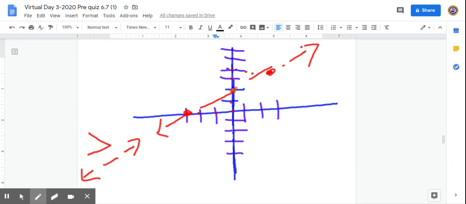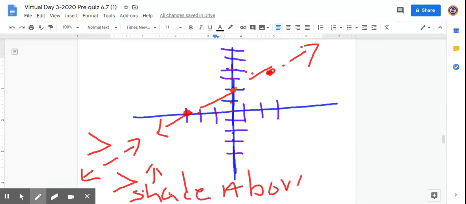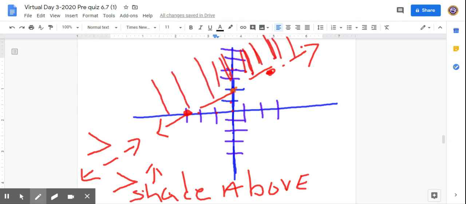Now we have to decide where we're going to shade. Greater than. Where does y get bigger? As it goes up the axis. So you're going to shade above the line. So shade above the line.